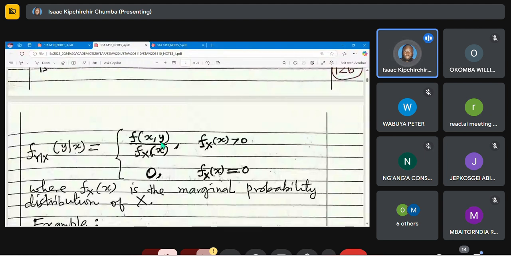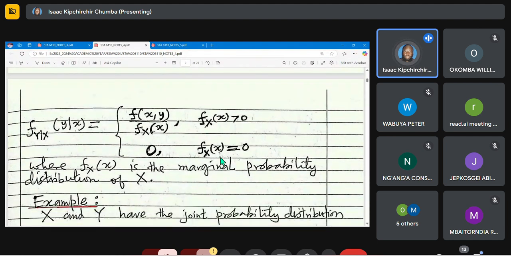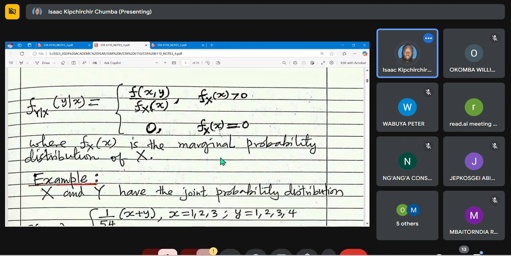This will be the joint over the marginal of x, which is defined for positive PDF of the marginal and 0 otherwise, that means outside the support of the marginal.